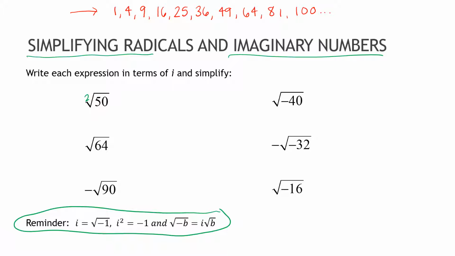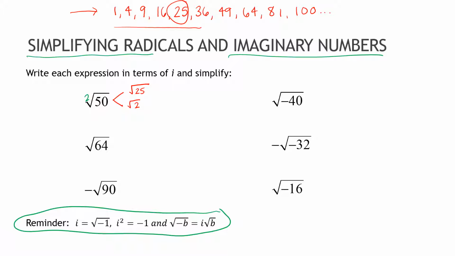So for instance, looking at 50, I could break 50 into 5 times 10, but that wouldn't help me because 5 is not up here and 10 is not up here. However, I could instead break it into 25 and 2 because 25 is in my list of perfect squares.